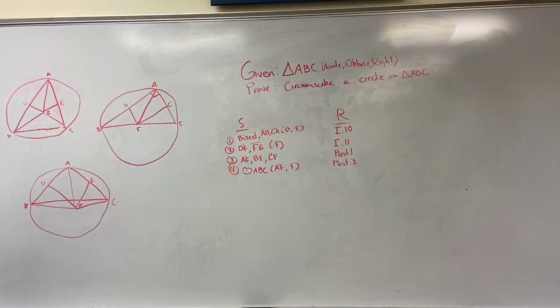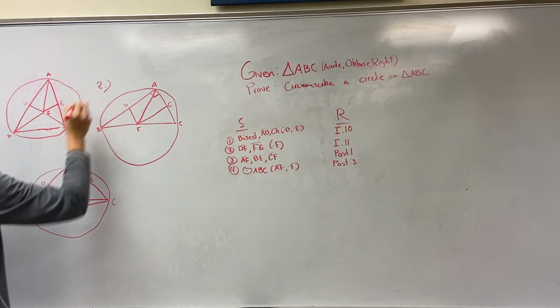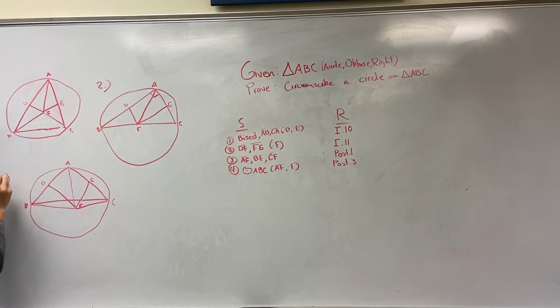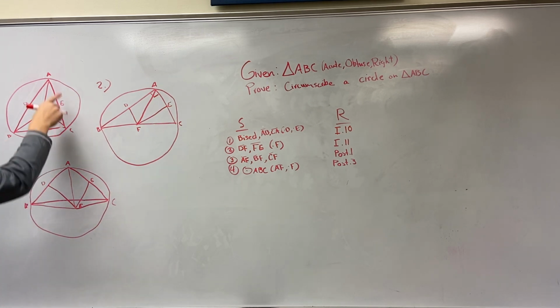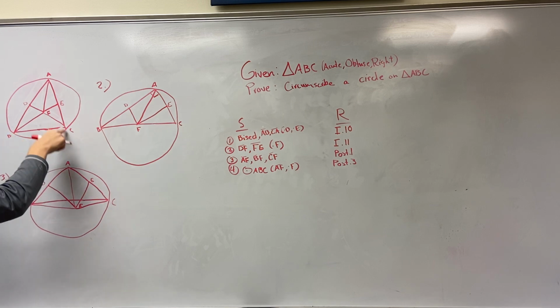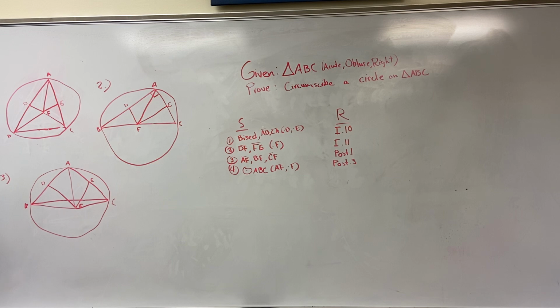Okay, so the first one that we're going to try to prove is this one. I'll mark it as triangle 1, this one as triangle 2, this one as triangle 3. Whenever you're trying to prove that something is circumscribed, you want to prove that the circle hits at each point of the triangle. So the first thing we're going to do is work our way toward the side-angle-side theorem.